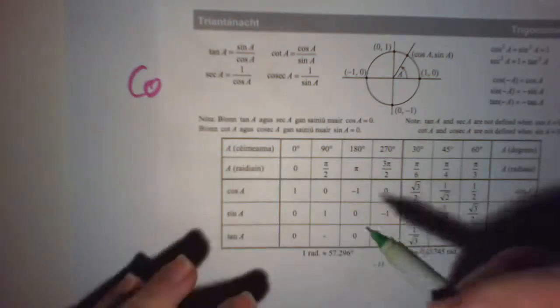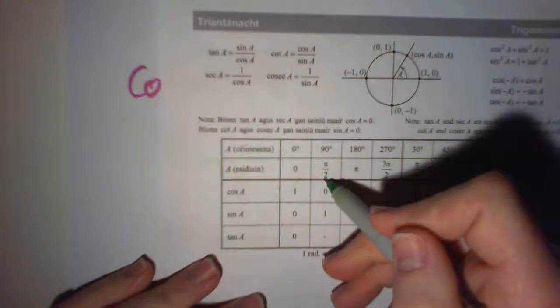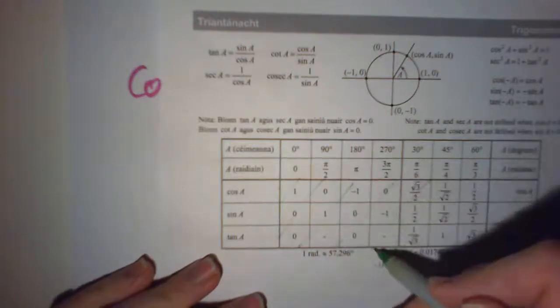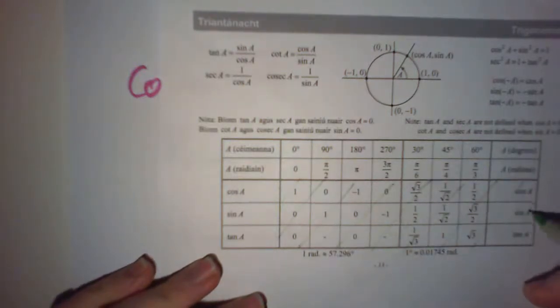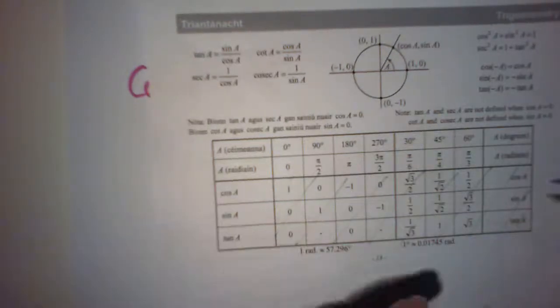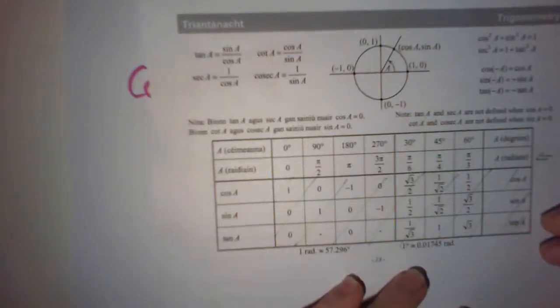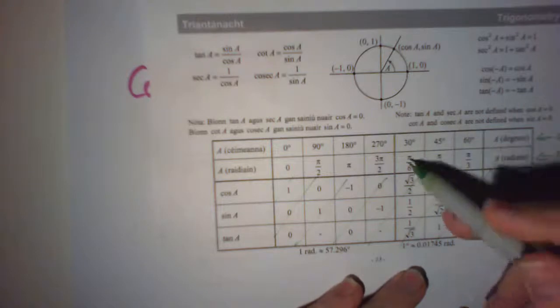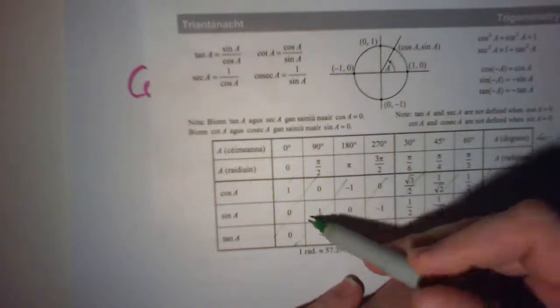I'm going to shade them green for you. There they are, those ones. Top line, this line is the radians. This line is the degrees.